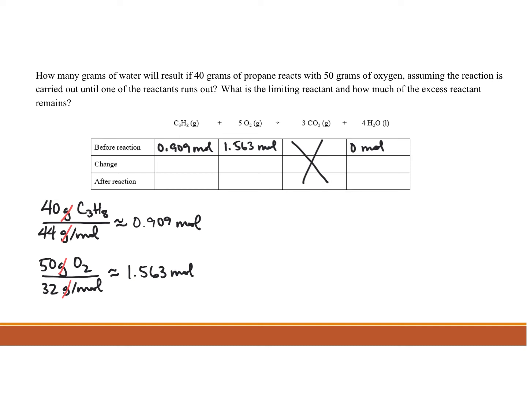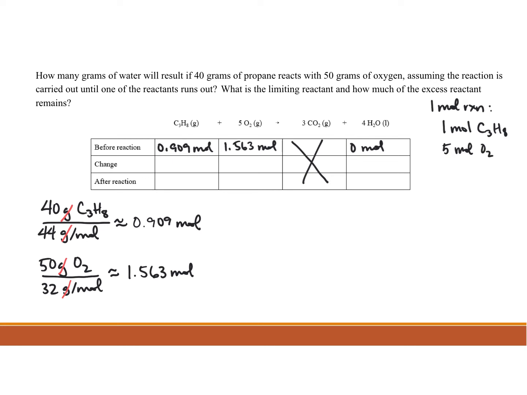You want to figure out how many grams of water there will be. Now, a bit of a shortcut to determine which one is limiting is to determine what we call the moles of reaction. If you look at the balanced equation, for every 1 mole of reaction, that's equivalent to the coefficients: 1 mole of C3H8 and also 5 moles of O2.